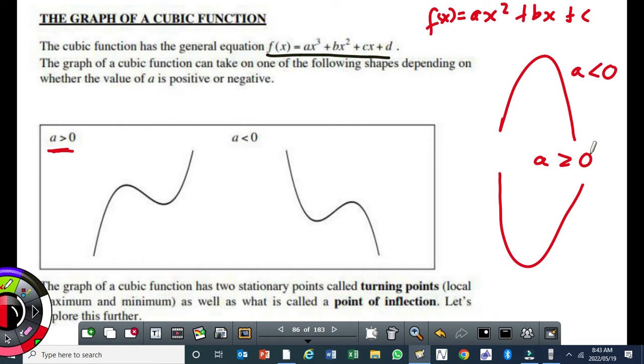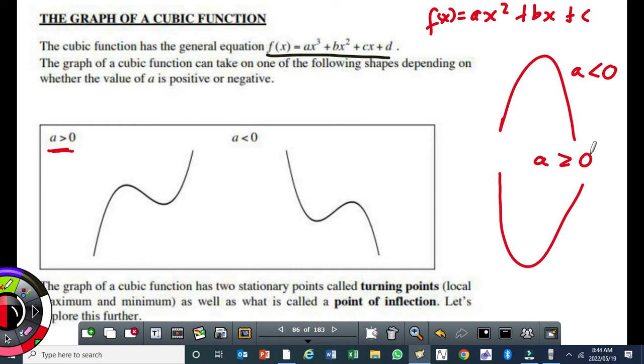Now, with the cubic graph, pay attention. With the cubic graph, it's the opposite of what you have for the quadratic. So, when a is positive, it starts with a maximum turning point. I'm talking about the cubic graph now. It starts with a maximum. For the quadratic, if a is positive, you have a minimum turning point.